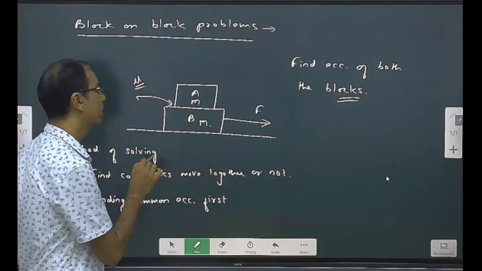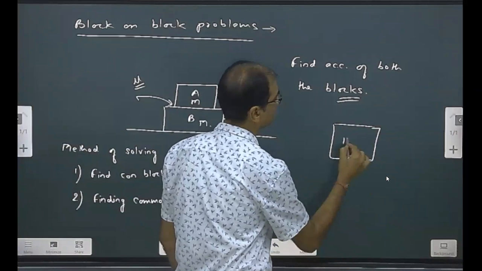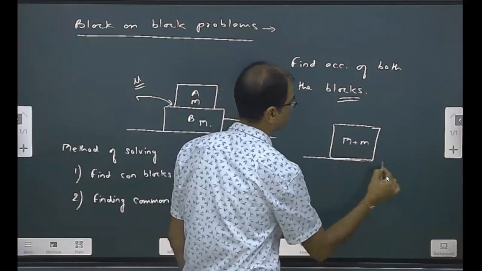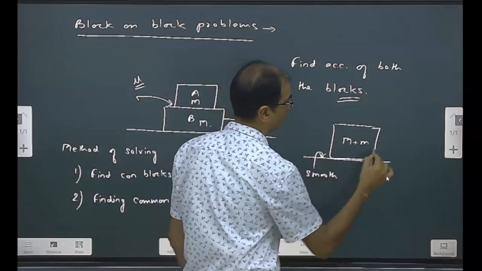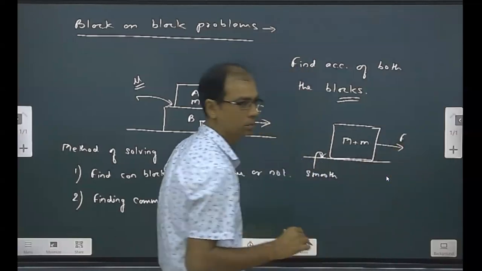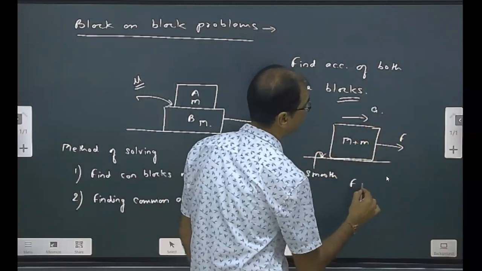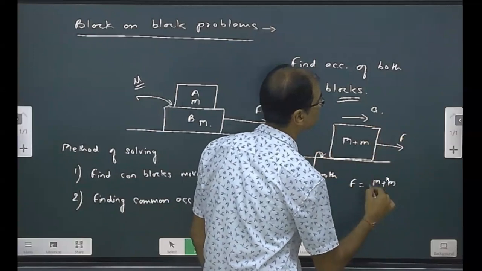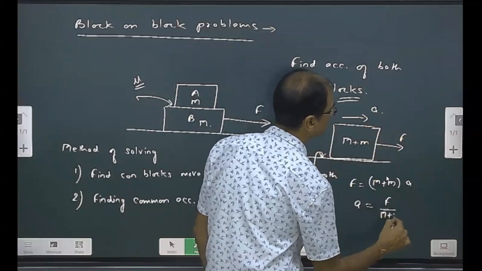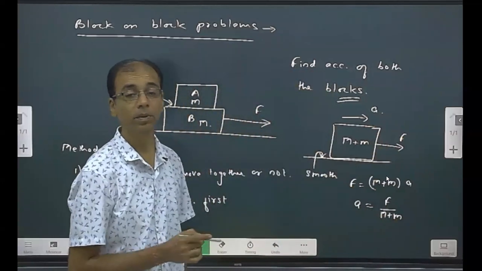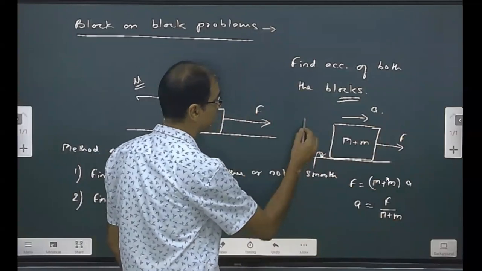If both are moving together, I can write them as m plus M. This is a smooth surface here, according to the question, and you are applying force F. So if I assume the common acceleration is A, then F equals (m plus M) into A. That means acceleration is F by (m plus M). Perfect. But whether both are moving with this or not, I don't know yet. I have just written that if they are moving together, then this should be the acceleration.